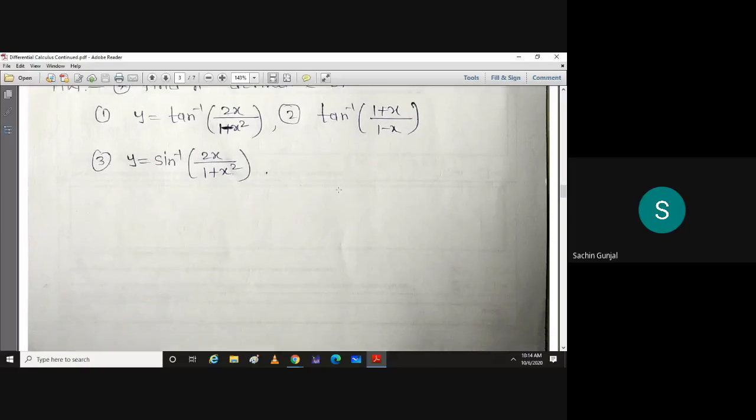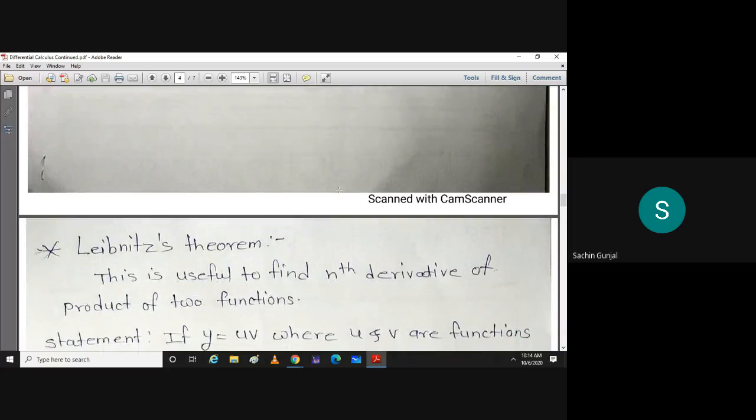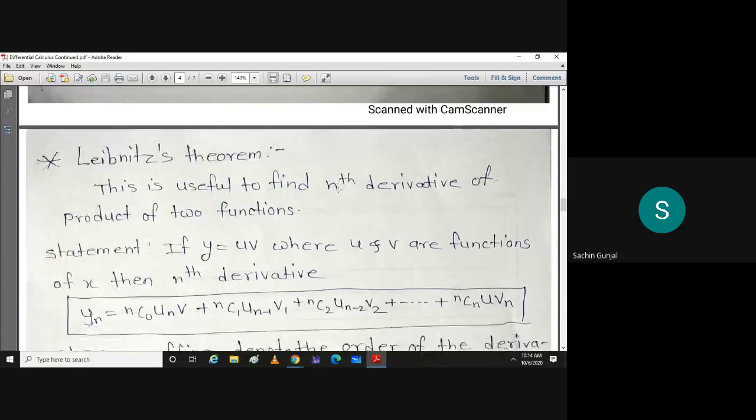Fine. So we'll go ahead now. Up till now, we were finding the nth derivative of a single function, say sin x, cos x, e raised to x, log x, or tan inverse x, and so on.